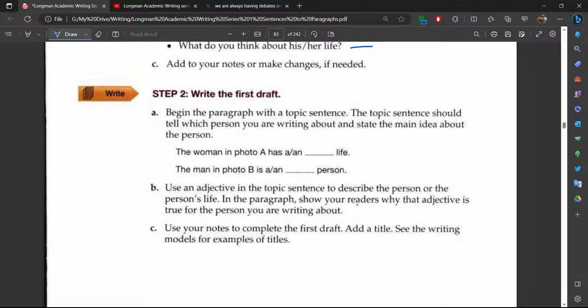In the paragraph, show your readers why that adjective is true for the person you are writing about. Use your notes to complete the first draft. Add a title. See the writing models for examples of titles.